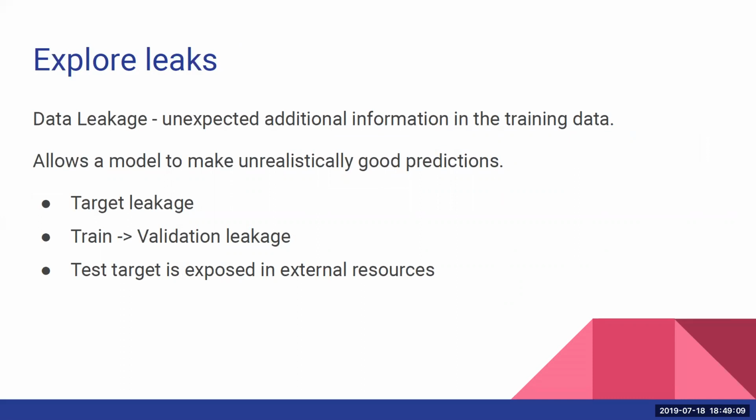Leaks are very interesting things in data and in competitions in general. There are a couple of different types of leaks. Probably the most famous is a target leak, which I'll talk about a bit later in the next slide. The other one is a train validation leakage.